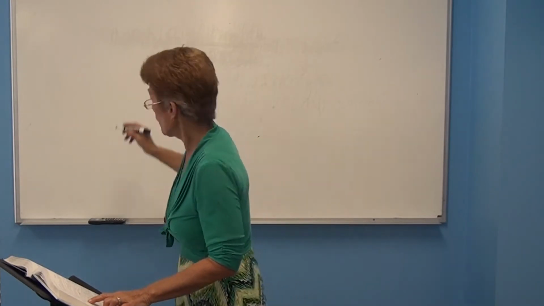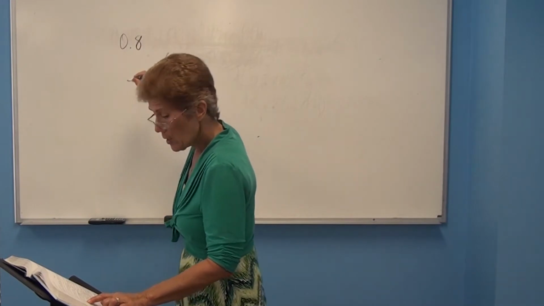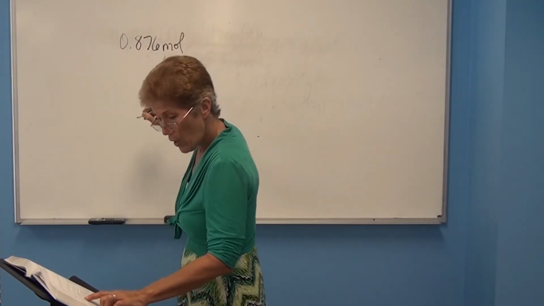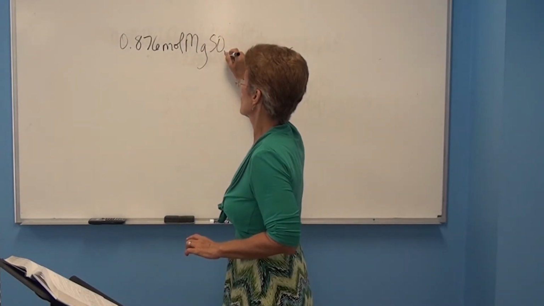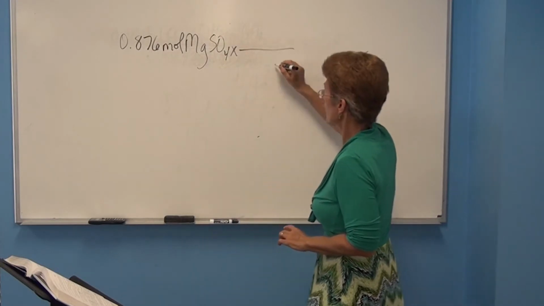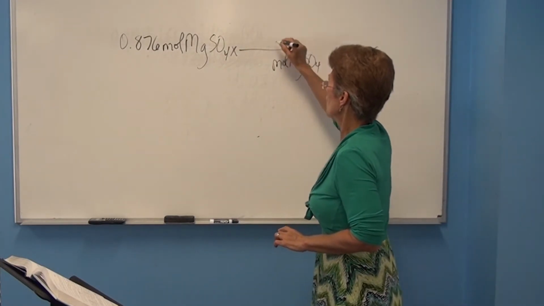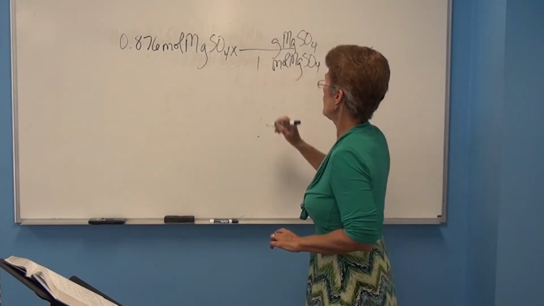On C, we have 0.876 moles of magnesium sulfate. Okay, so we have moles of magnesium sulfate down here. We have grams of magnesium sulfate up here, 1 mole.